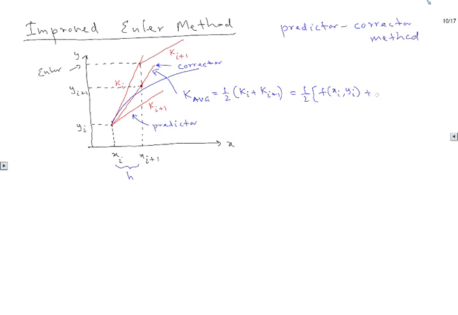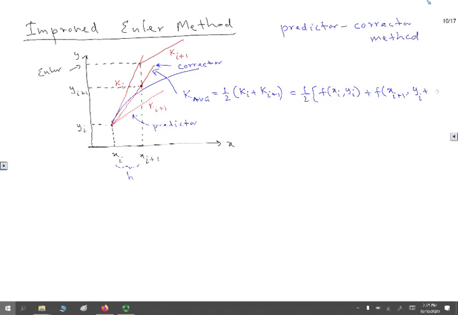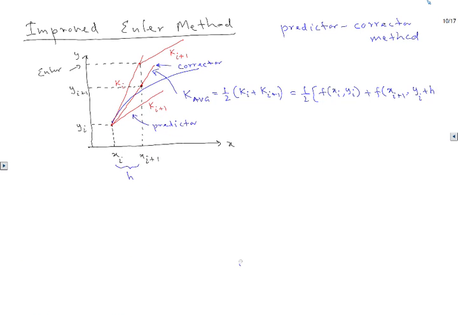How do we find the second slope? For the second slope, we know that f takes the value x i plus 1, and then what is the y value? The y value is coming from the previous line, previous slope.